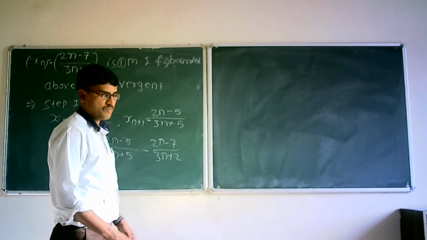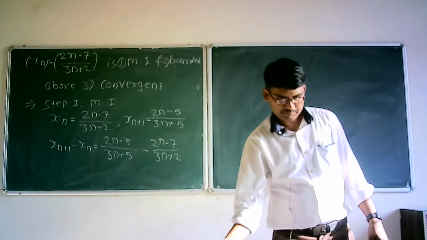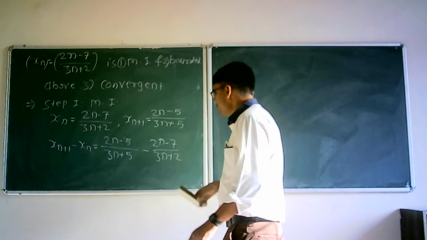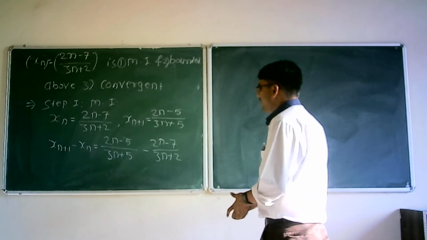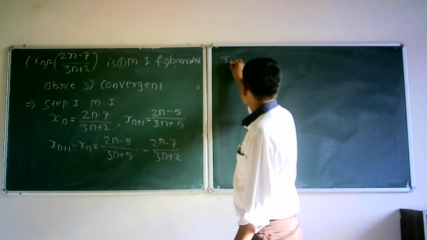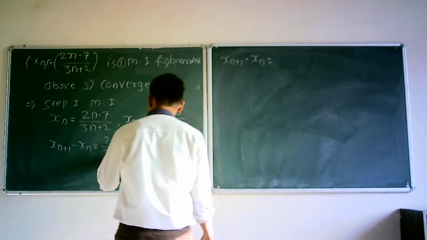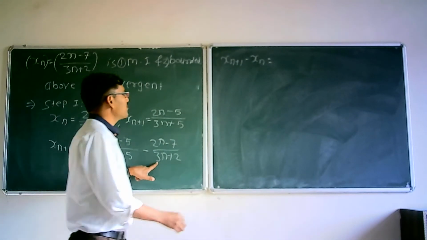Now, if we simplify this, how to simplify? Take LCM here. So xn plus 1 minus xn is equal to what? Multiply twice n minus 5 by thrice n plus 2.